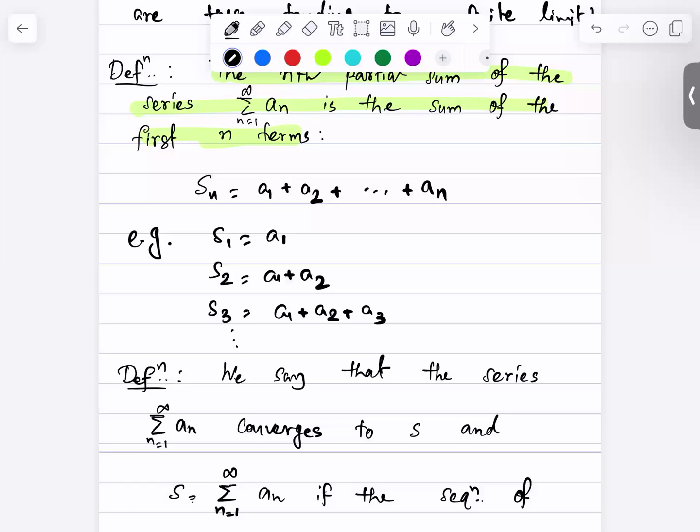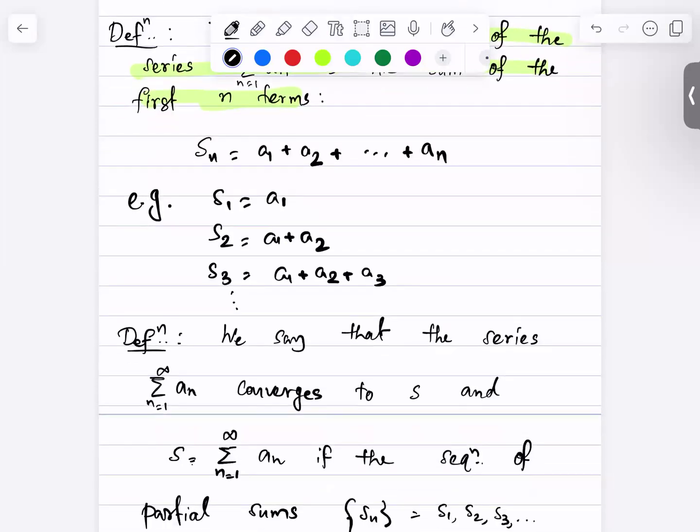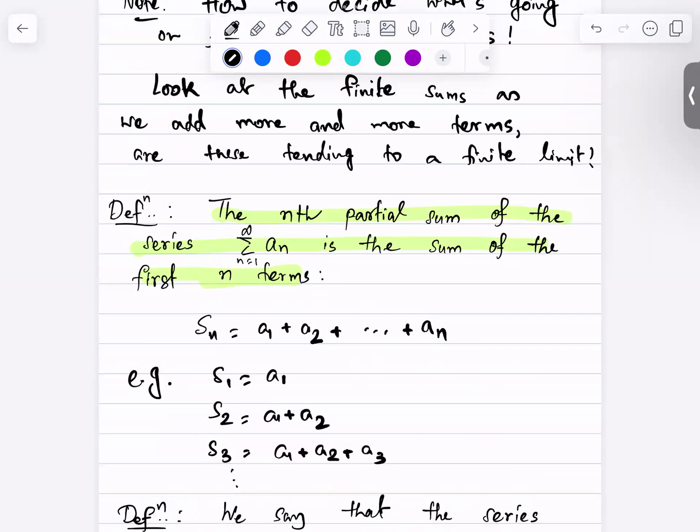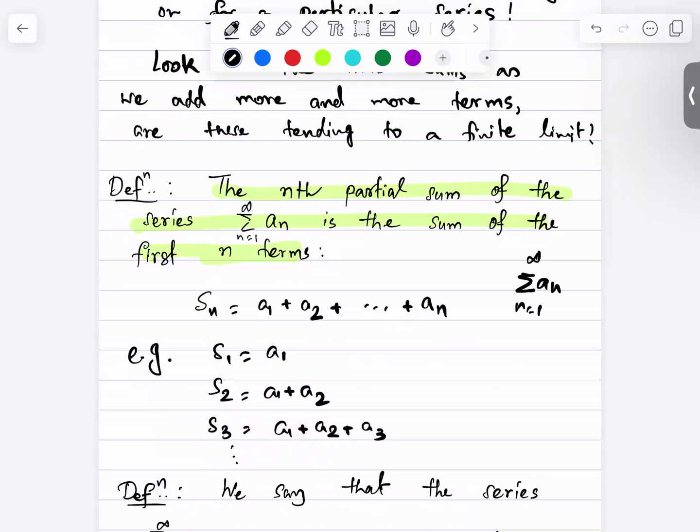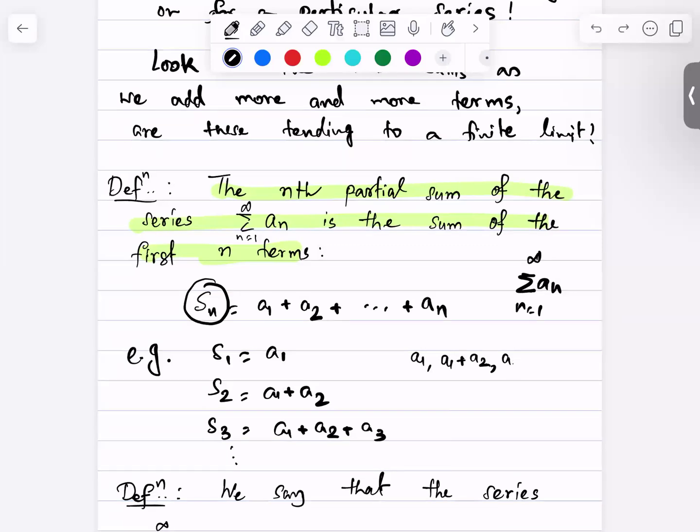So you can see that we are trying to make a sequence out of a series. We have this series summation n equal to 1 to infinity, and then we made a sequence out of that series. The sequence Sn will look like this: a1, then the second term of the sequence is a1 plus a2, the third term is a1 plus a2 plus a3, and so on.